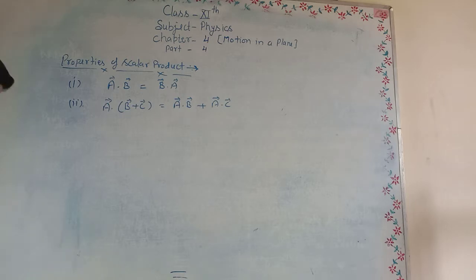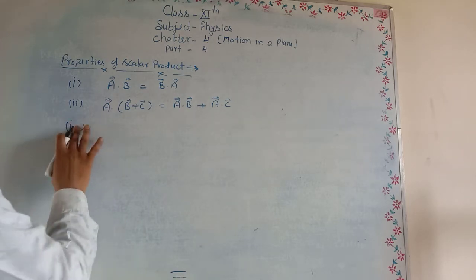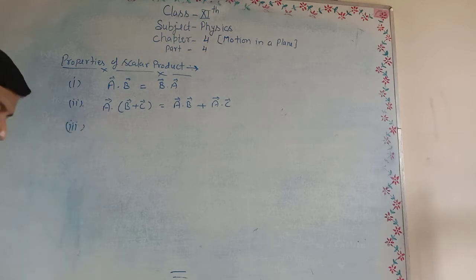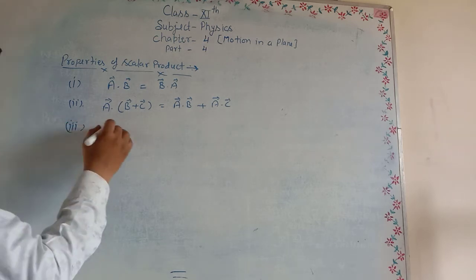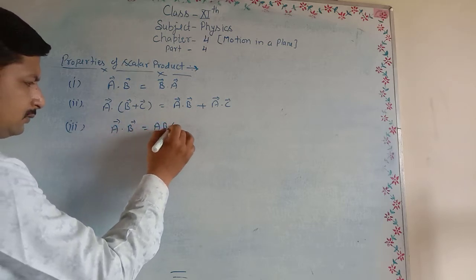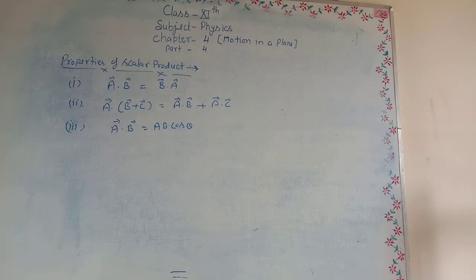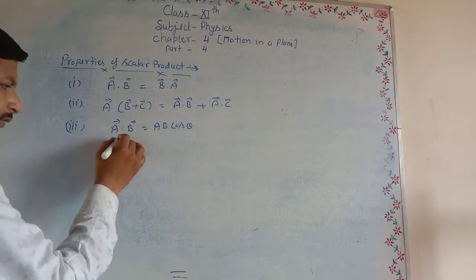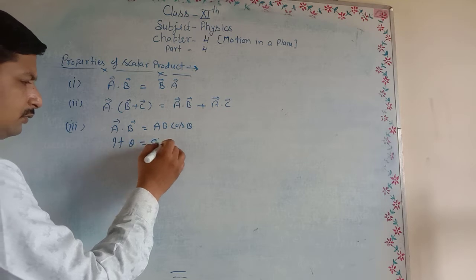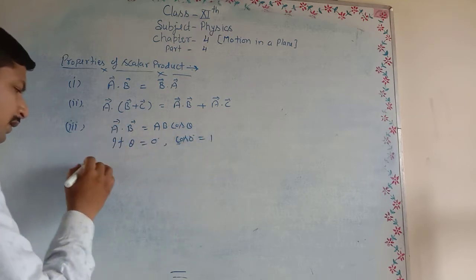Okay students. Next, the third property. A dot B is equal to AB cos theta. If both vectors are parallel to each other, theta is equal to 0, then the value of cos 0 is equal to 1.